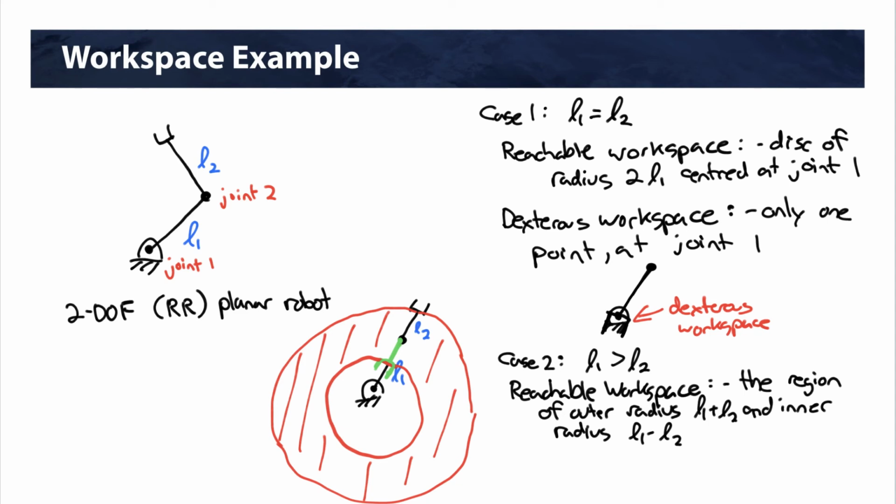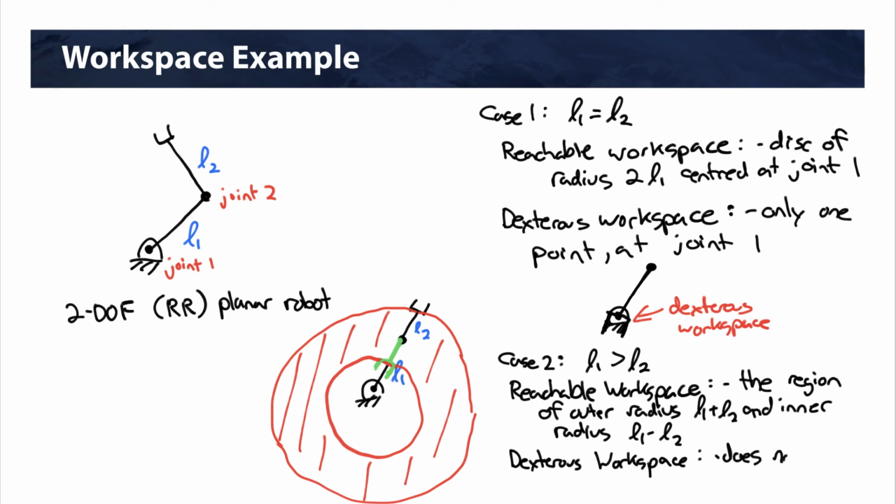And the question is, what is the dexterous workspace for this case of L1 greater than L2? Well, it actually doesn't exist. There is no dexterous workspace.